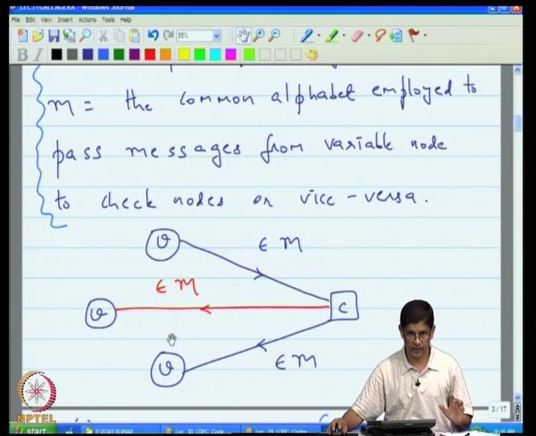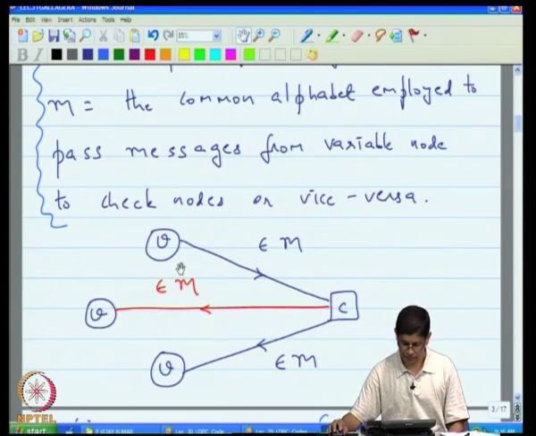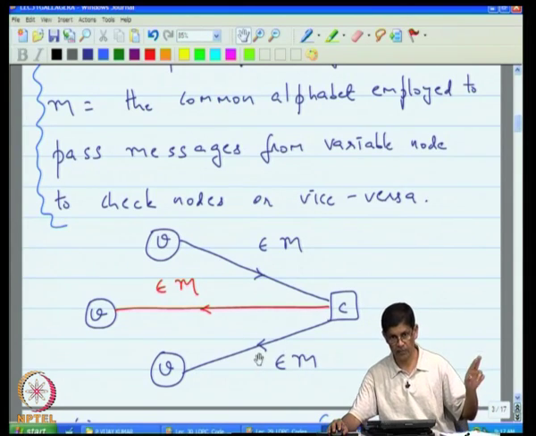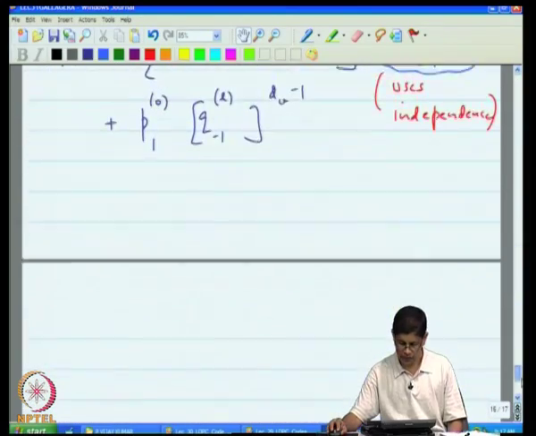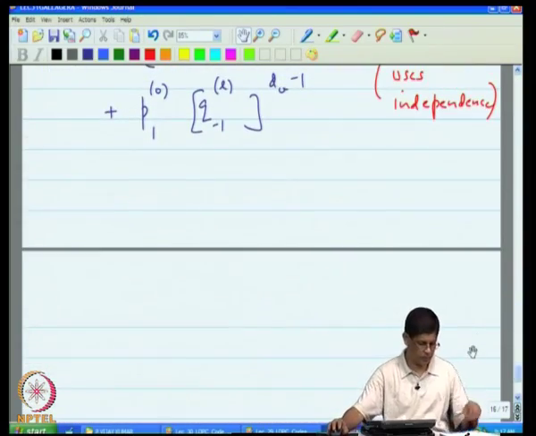Keep in mind that an iteration begins by a message from a check node to a variable node. So, if we are talking about the Lth iteration here, the incoming messages are messages that were transmitted during the L minus 1th iteration. So, that is just to get our notation straight. Now, how do you compute that? So, that is a little bit more tricky.